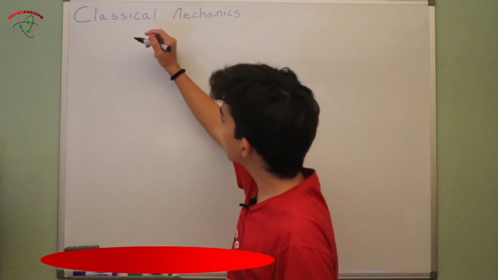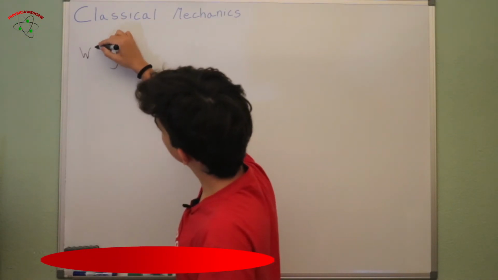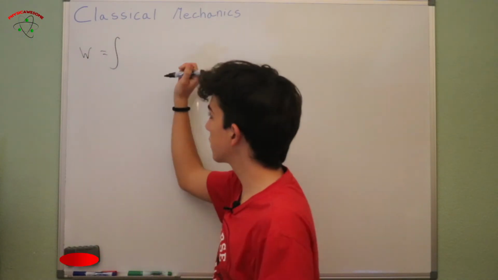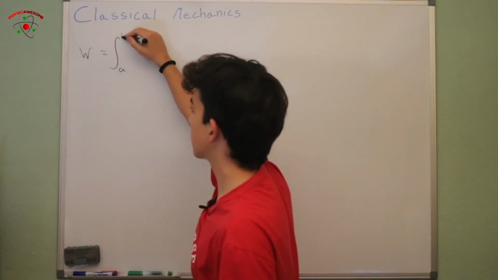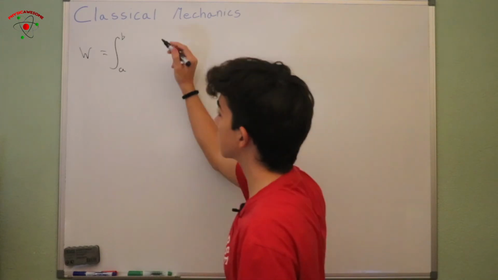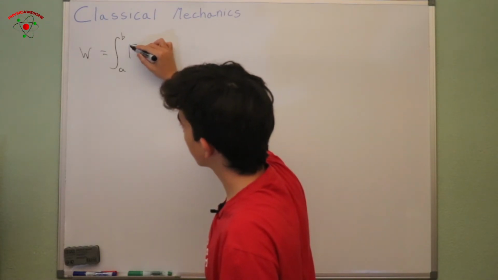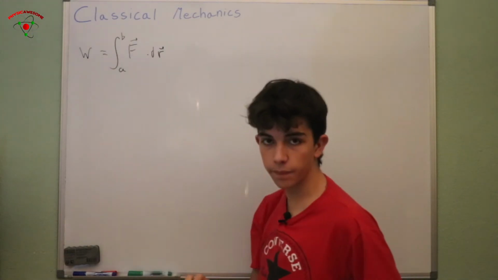If we have our work, the work we have made from a place A to a place B, because we are integrating over space, we define it in this way.